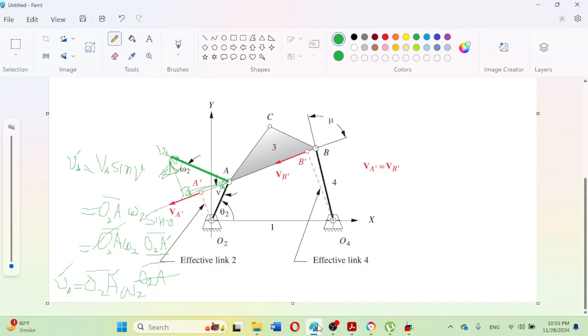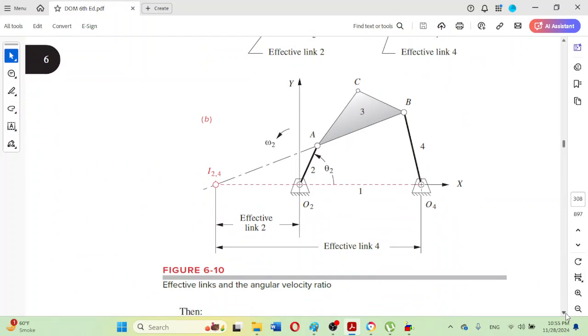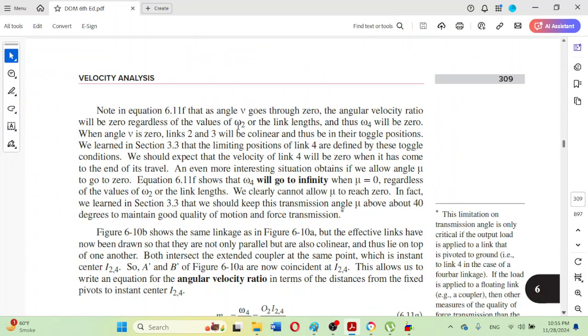So that means at that moment, there will be no Va dash, and the angular velocity ratio will be 0.